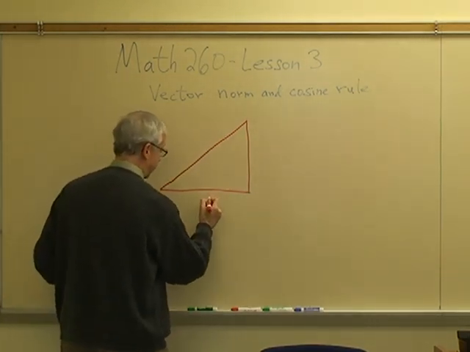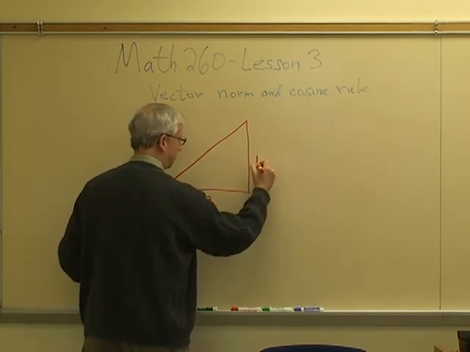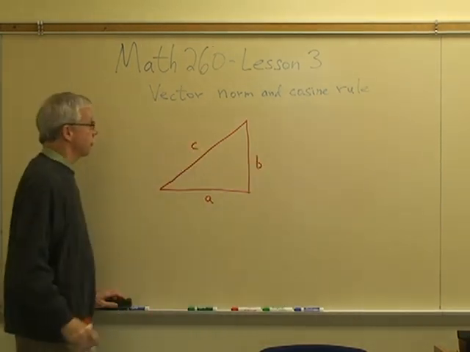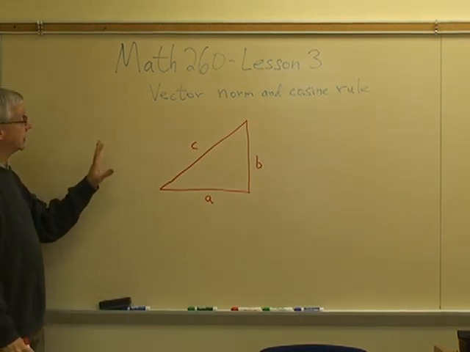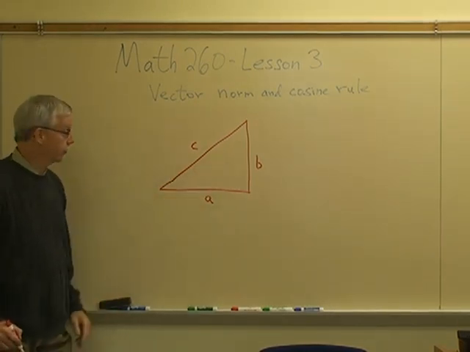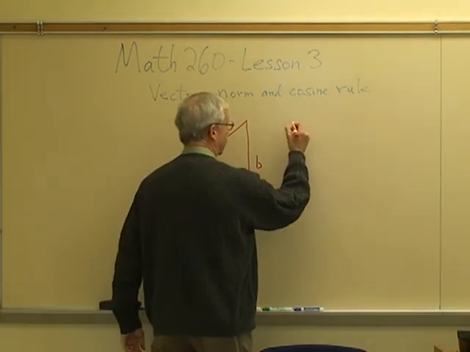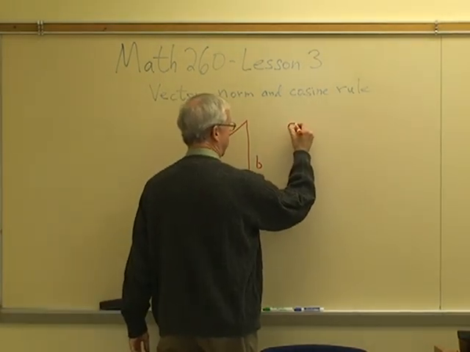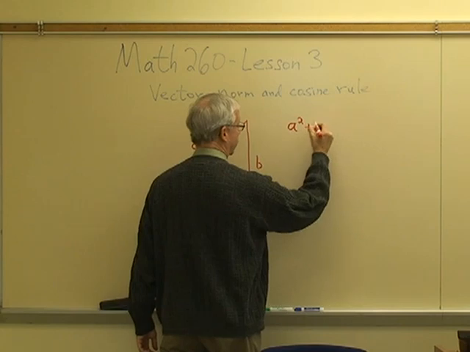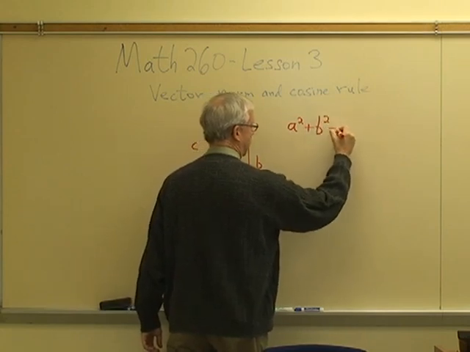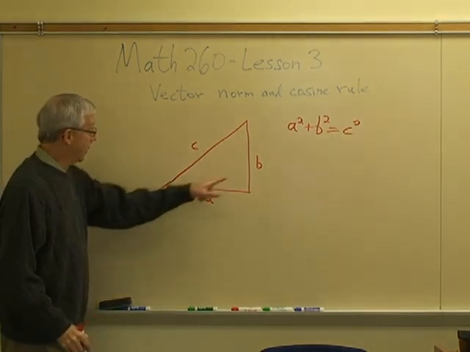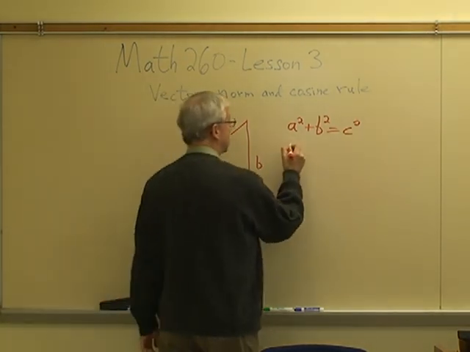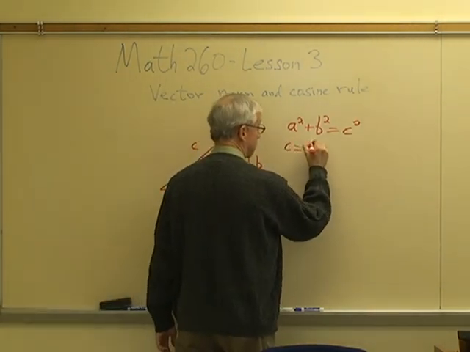We'll give it sides A, B, and C. And you probably remember from high school geometry the relationship between A, B, and C, known by the Greeks, called the Pythagorean theorem, which says that A squared plus B squared is C squared. Or if I have A and B, I can find C as the square root.